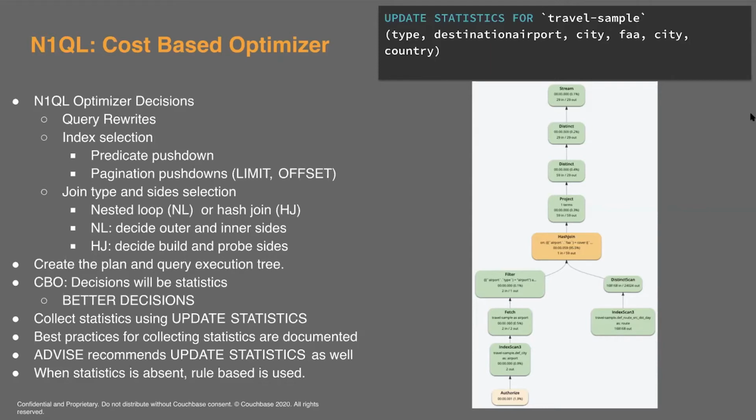It's all the same, and you can combine them so that update statistics just has to sample and sort once. When you don't have any statistics collected for a field, we use the rule-based optimizer for the query. And of course, for 7.0, we have enhanced the advice statement to recommend the statistics to be collected for a better query plan as well.